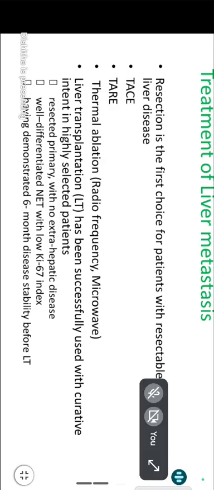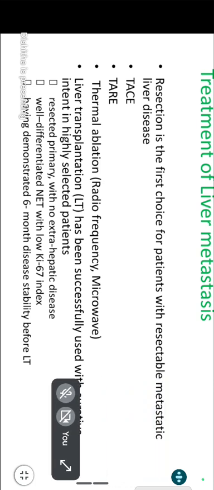This was about the primary surgical treatment. For the treatment of liver metastasis, resection is the first choice if it is resectable. Otherwise, TACE, TARE, and thermal ablations are the other options.